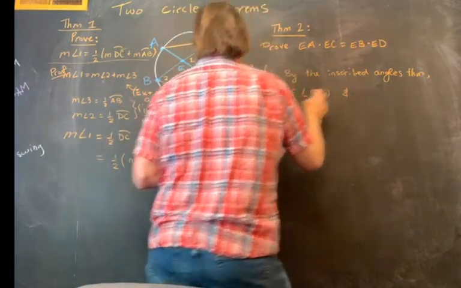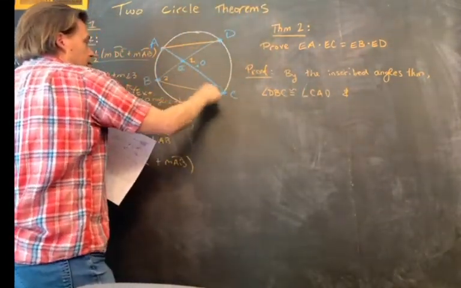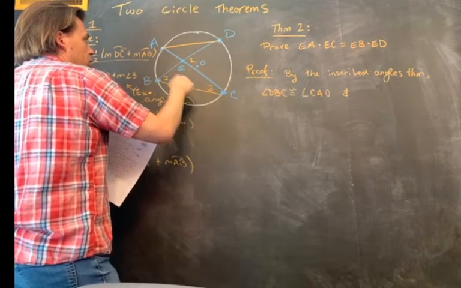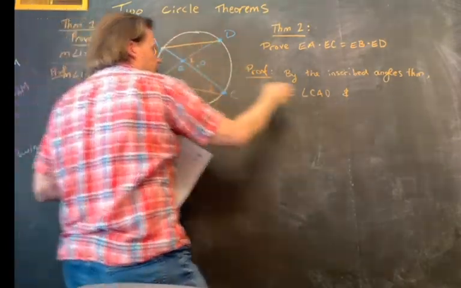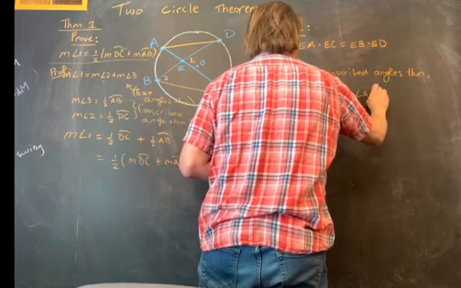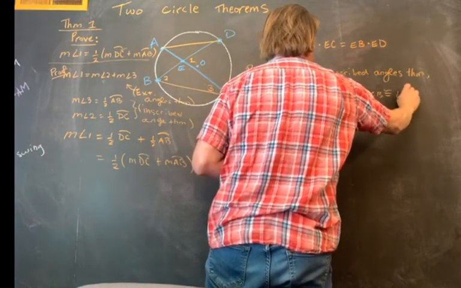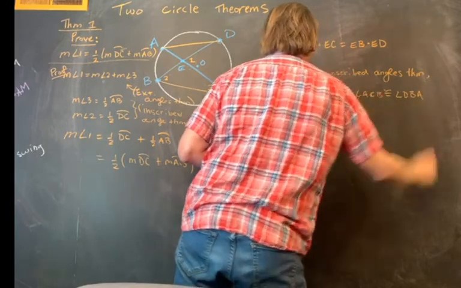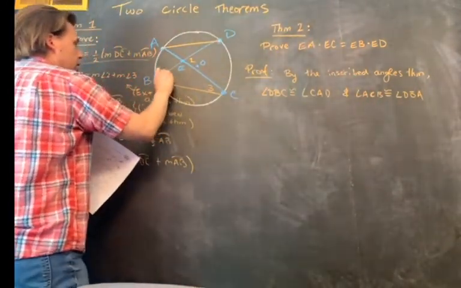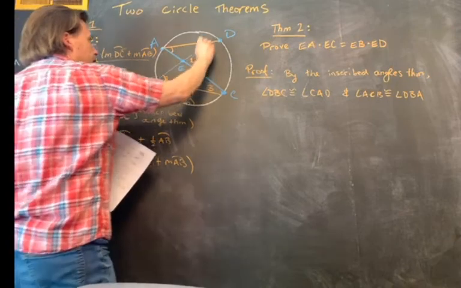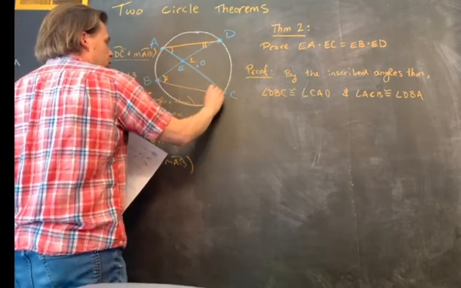And for the same reason, ACB is congruent to BDA. So we can write that down here. That is congruent to that. That has to be congruent to that.